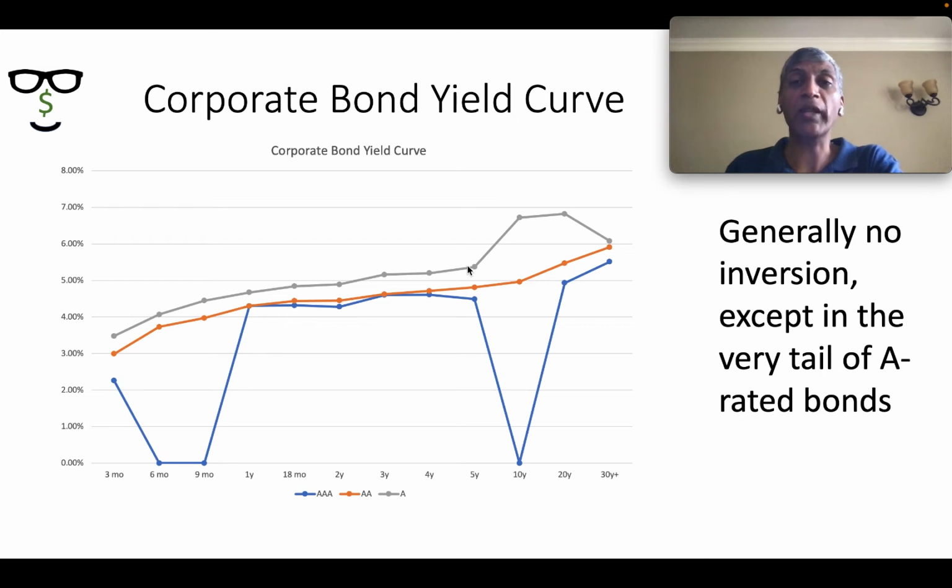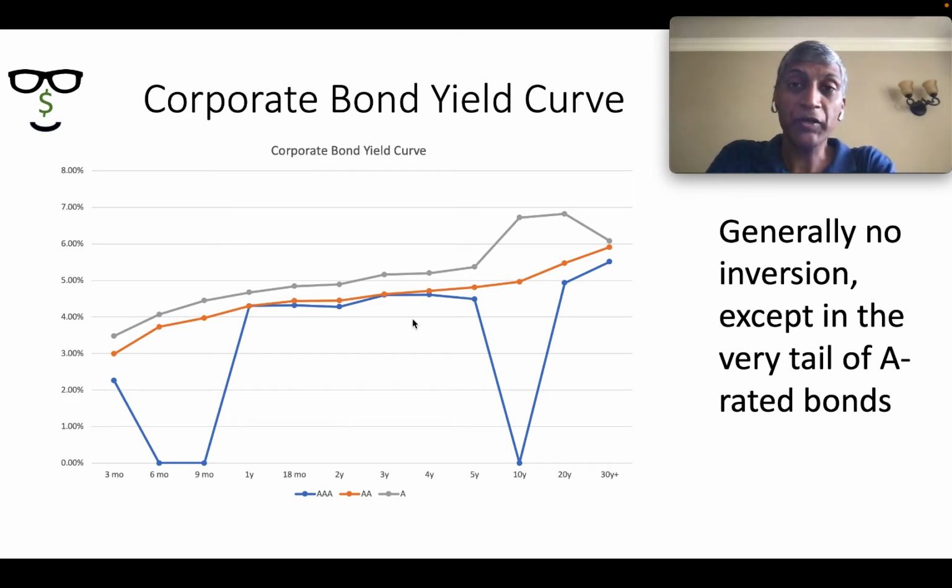When you start plotting the interest rates and the yield to maturity available for corporate bonds over the durations available, you kind of see that it slopes linearly upwards, which is what you would expect. There is no inversion generally. Where there is a steep drop off, it really is because there wasn't a good qualifying bond with that period. But aside from that, in general, the corporate bond yield to maturity goes straight up.